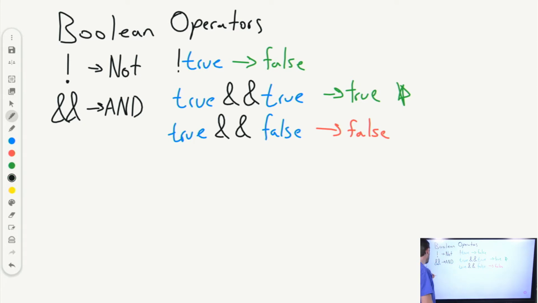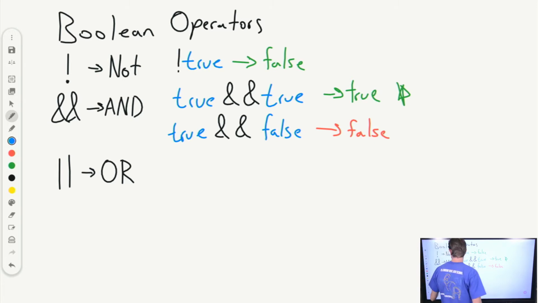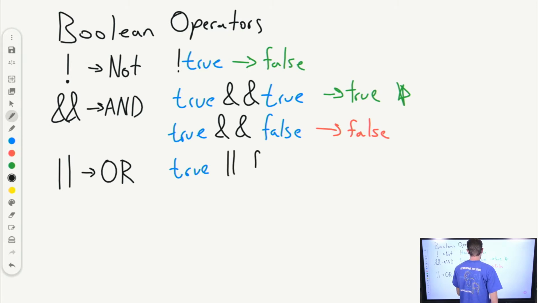We also have the or operator. The or operator works in the other way of true. As long as one side of the operator is true, it will evaluate to true. So if I have true or false, then this will evaluate to true.